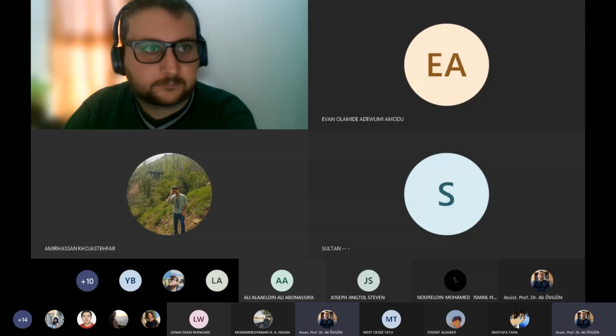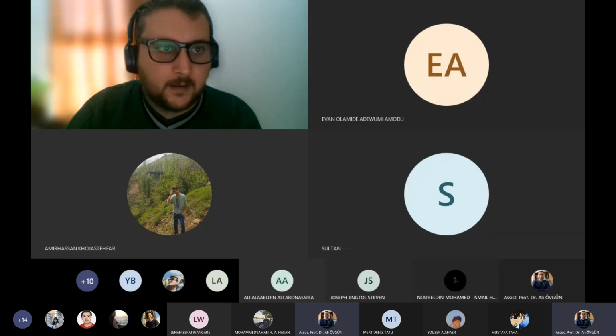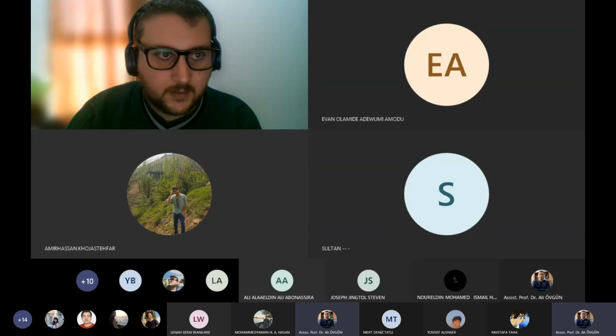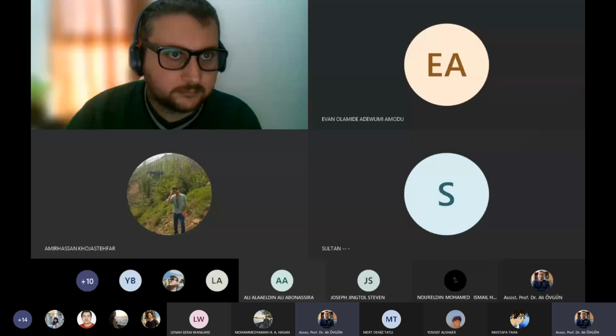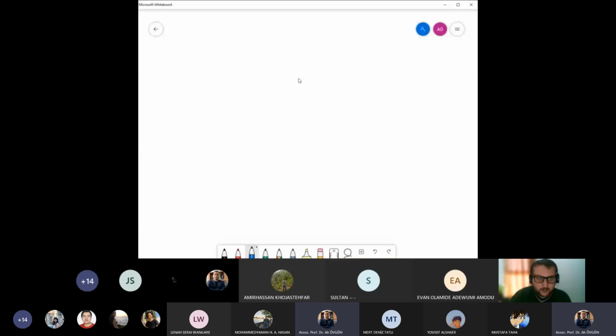Let's go to the whiteboard. Okay, very good. This is the inclined plane question. And then also take the figure, because our figure is also important.